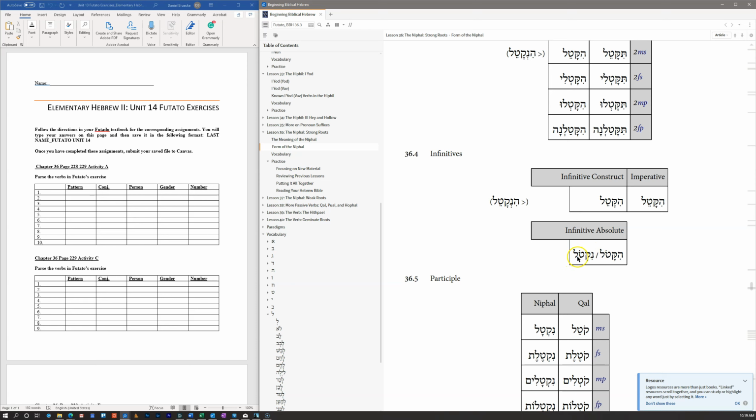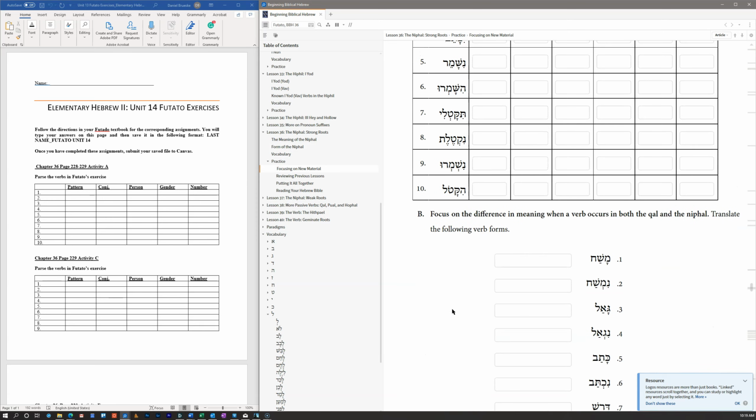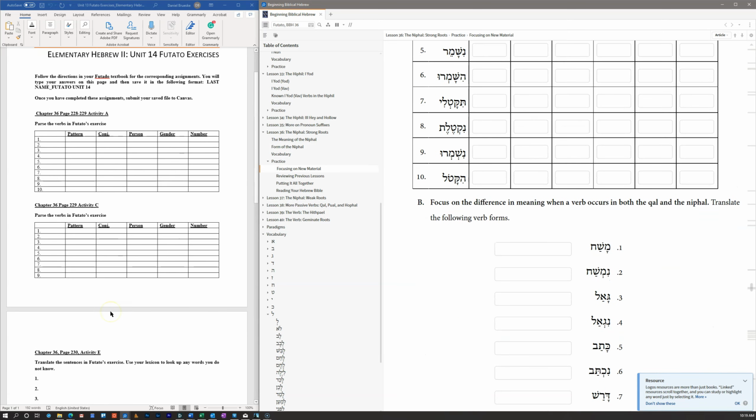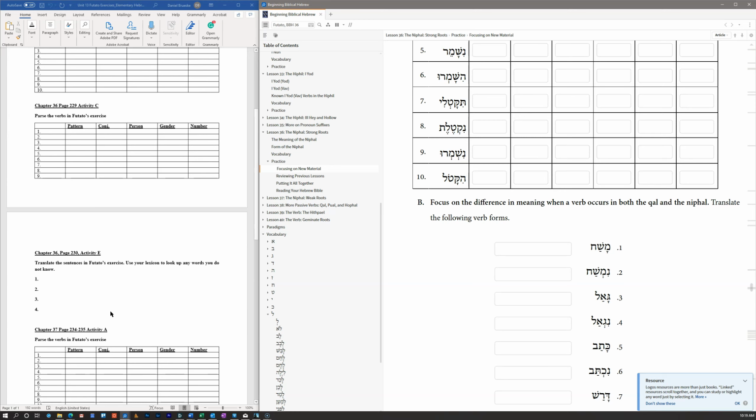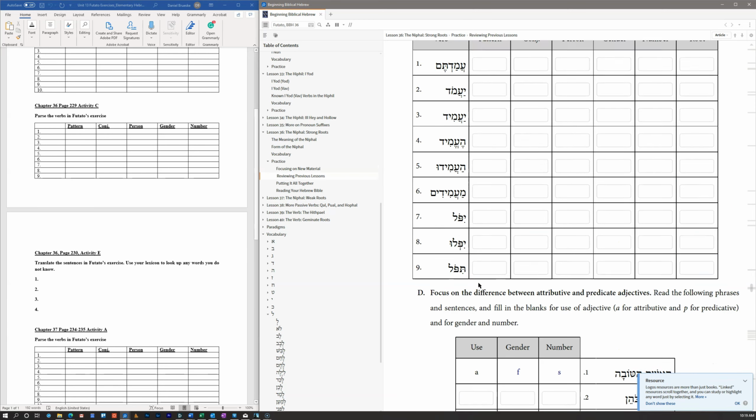And so if you've got niktol out there by itself in the sentence, it's almost certainly going to be the cal imperfect 1CP form. All right. So that's A. We'll look at C and E.